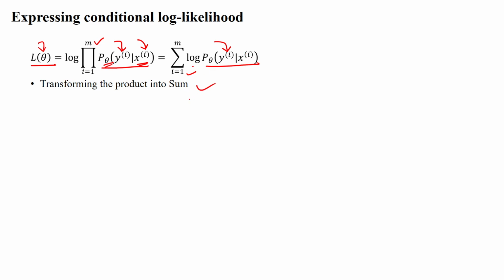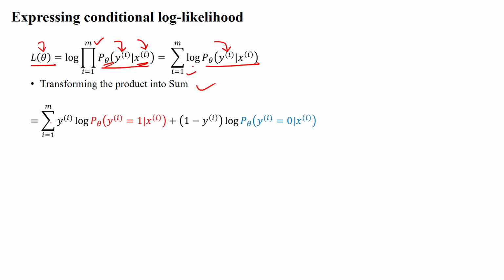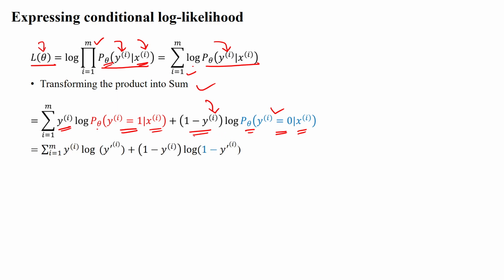When you transform this product into a sum, you will get the sum over i equal to 1 to m of yi log probability of yi equal to 1 given the corresponding sample, plus 1 minus yi, the actual output, times log of the probability of class 0 with respect to the given sample. So finally we can write this as the summation of i equal to 1 to m of yi into log yi dash plus 1 minus yi into log 1 minus yi dash.